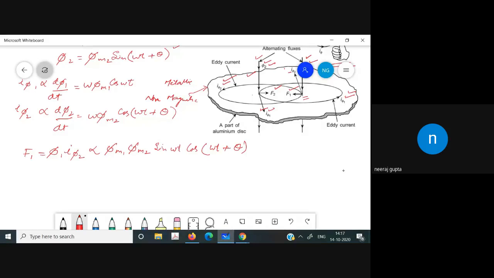Then again, we will have F2, the interaction of phi2 with I phi1.